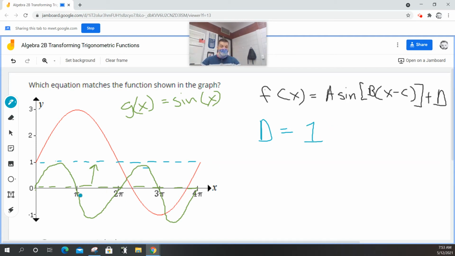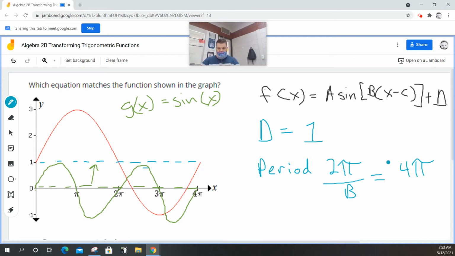Also, the period changed. The period for this thing is 4 pi. So if you recall, the period is 2 pi divided by b. That is equal to 4 pi. In other words, this red line takes 4 pi to complete the cycle.